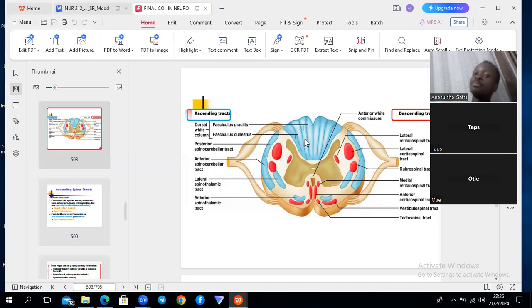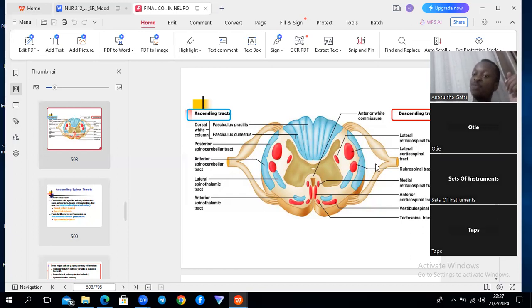If you look at the left side here, the tracts put in this white matter are just ascending tracts. They have left out the descending tracts so that you are not confused. If you go to the right side here, they've just put descending tracts, but they have not put the ascending tracts, to make it easy to interpret these diagrams, right?